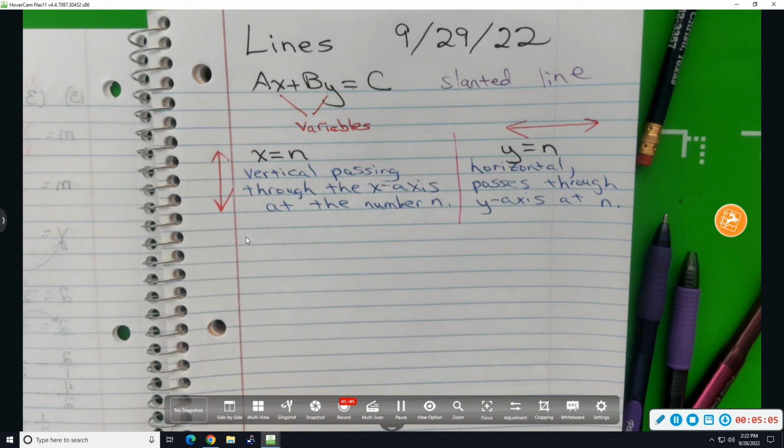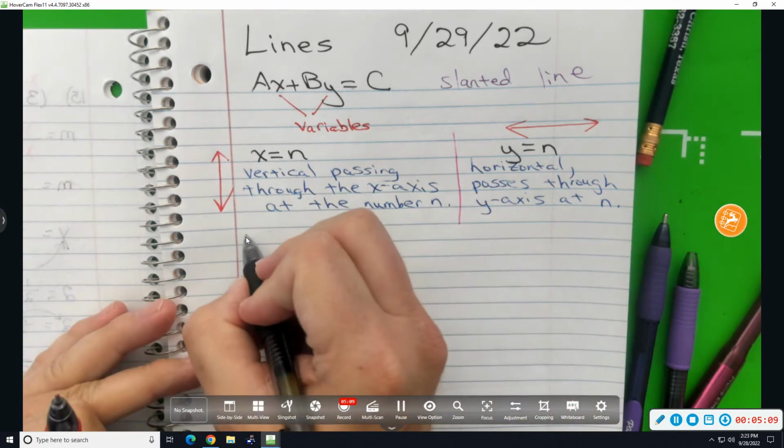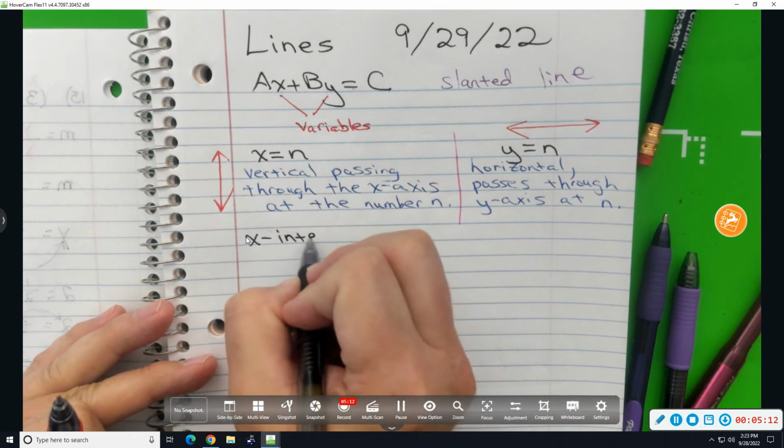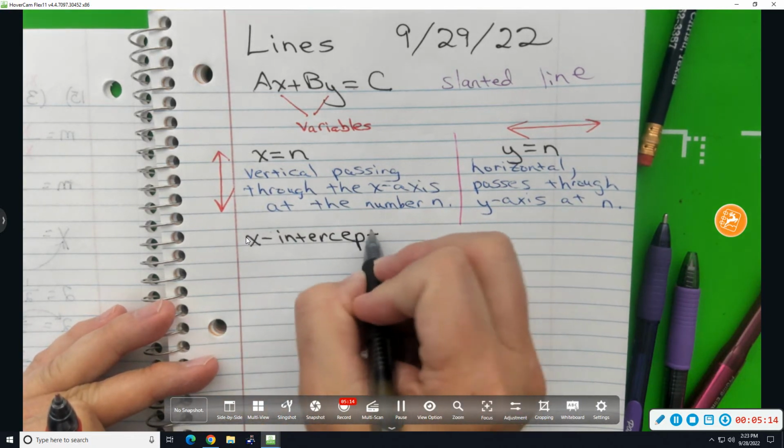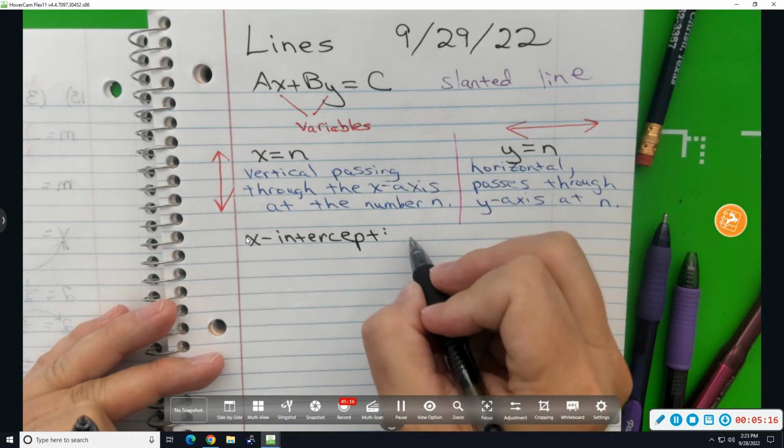Some terminology that we might have introduced the last time. I know I did. Y'all remember I said the x-intercept is the point where the graph passes through the x-axis.